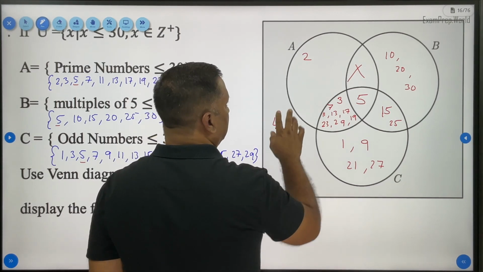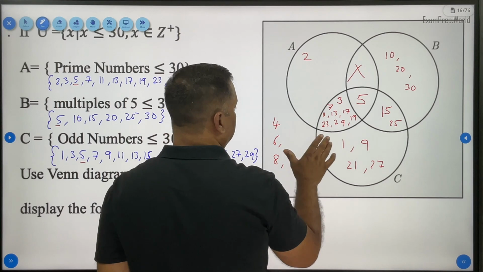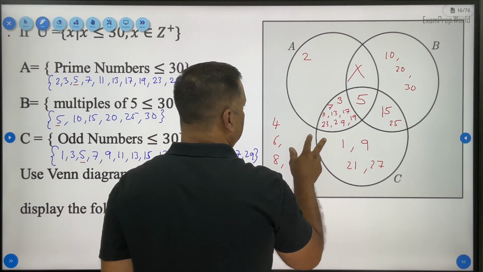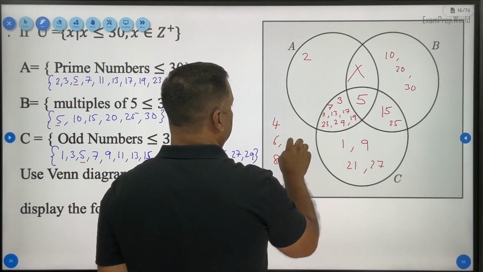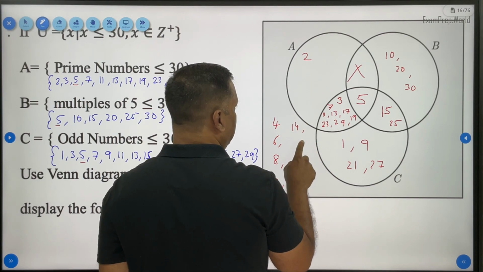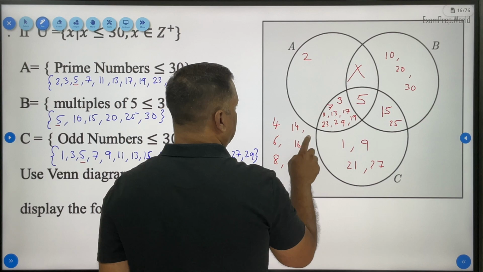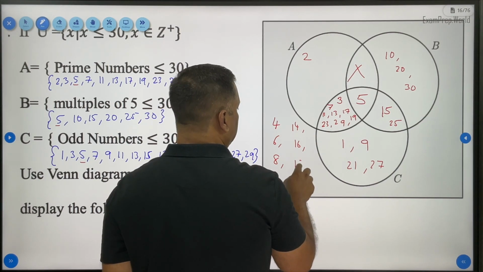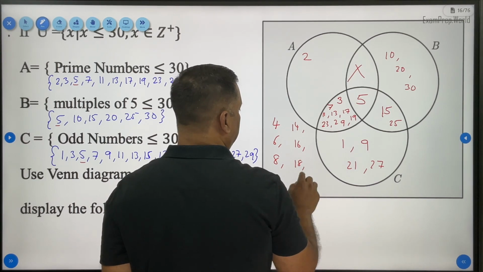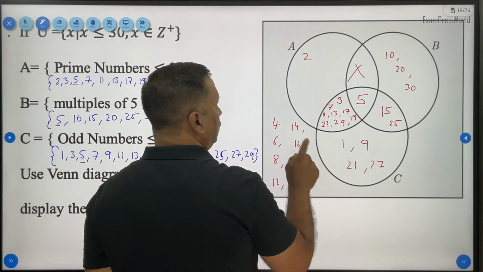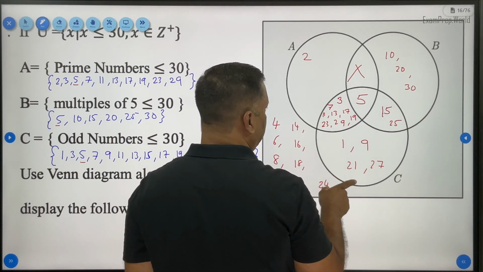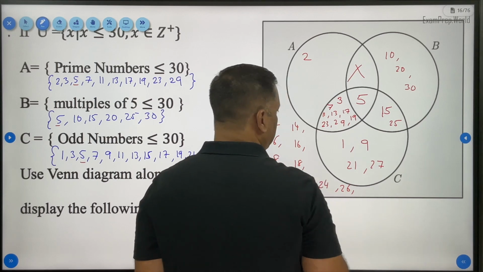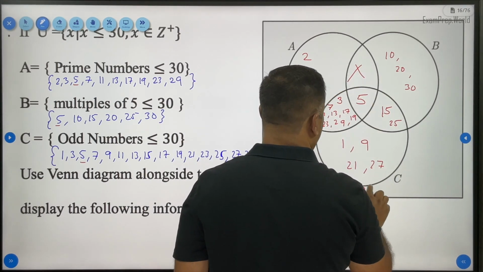So 4, 6, 8 you don't find anywhere here. 9, 10, 11 done. 12 is also not there. 13, 14 is not there. 15 is already included. 16 not there. 17 included. 18 not there. 19 is already there. 20 is there. 21 is here. 22 is not there. 23 is there. 24 is not there. 25 is included. 26 not there. 27 is there. 28 is also not figuring out.